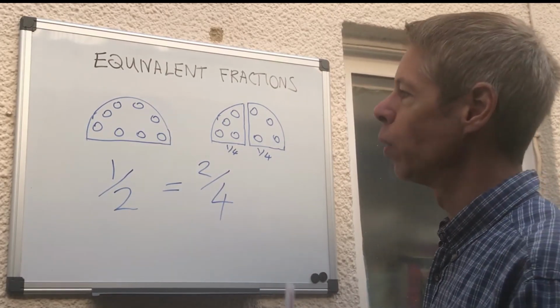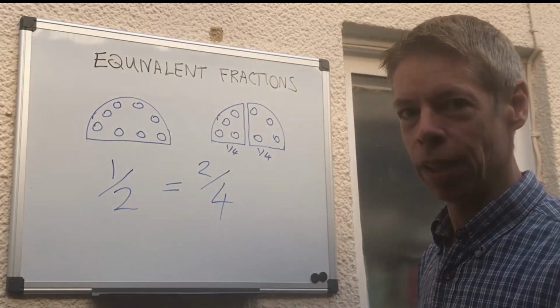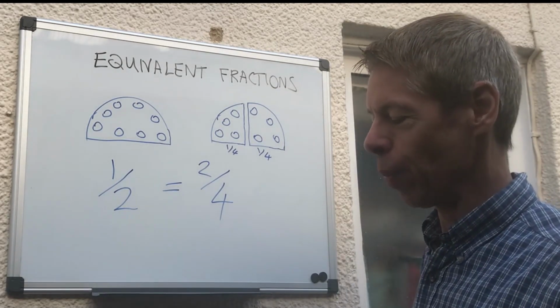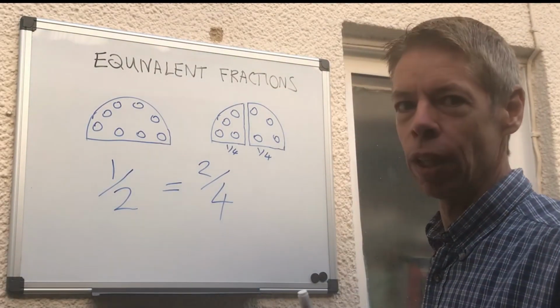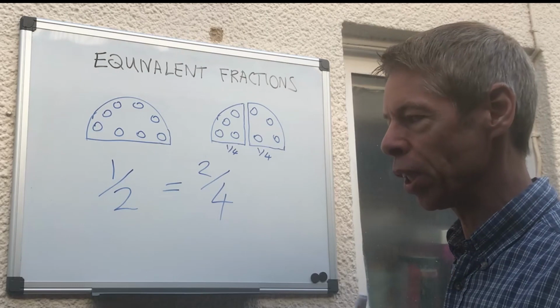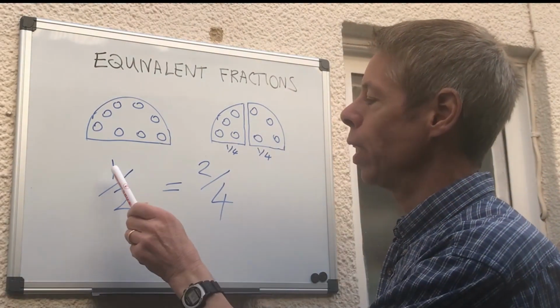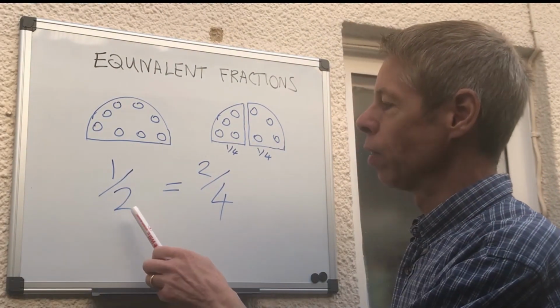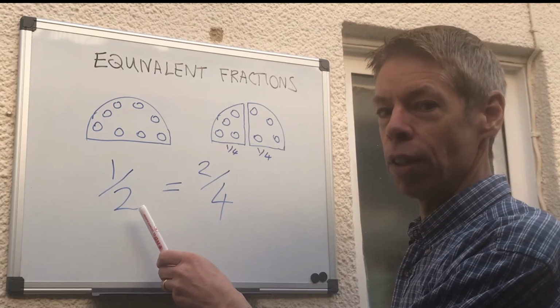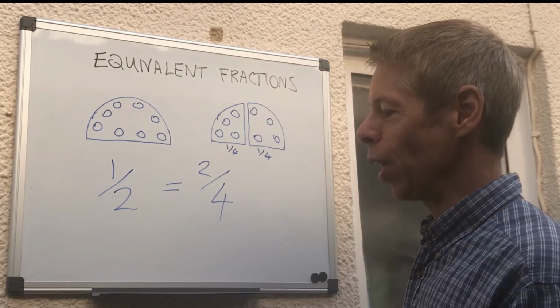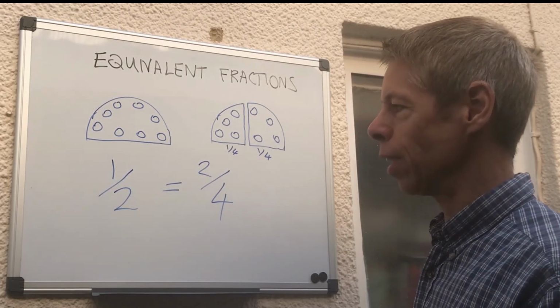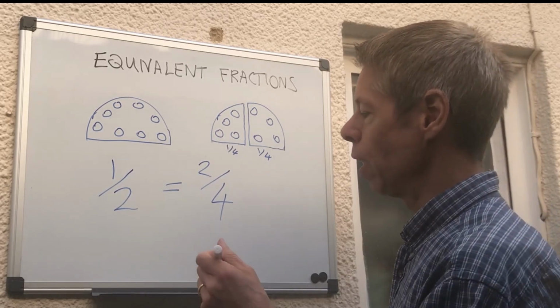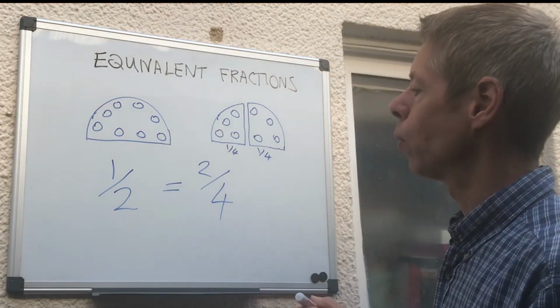Because only Dynamo can make half pizza into 3 pizzas, or 3 pizzas into 1 pizza. We can't do that. We're mathematicians, not magicians. So how do we change this fraction to give it a different denominator, but without changing the amount of pizza that we have? Okay, so all we've got to do is quite simple.